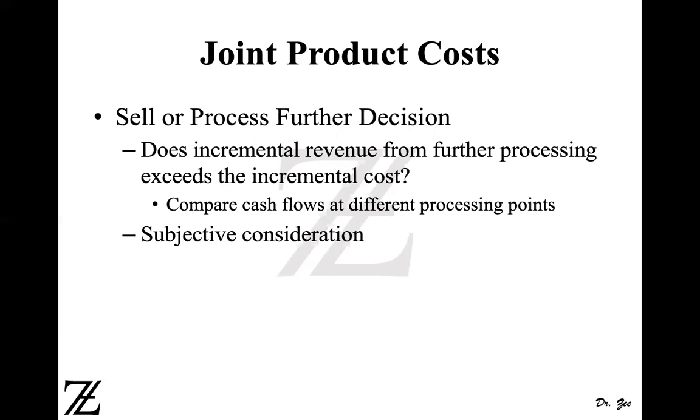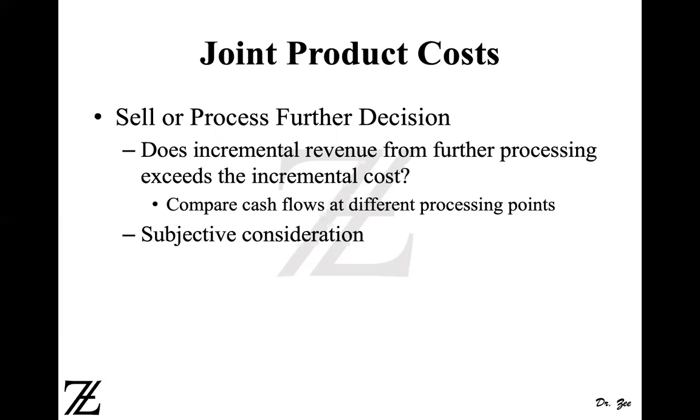Let's say you incur an additional $5,000 cost refining it further. So you already had $100,000 cost reaching 87 octane, then $5,000 additional cost to move from 87 octane to 89 octane.